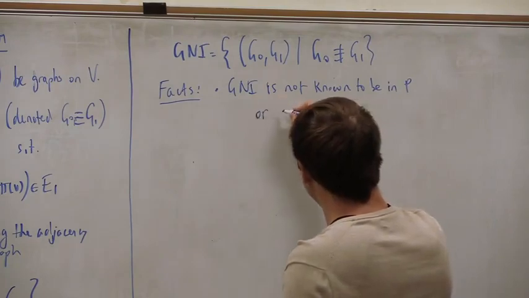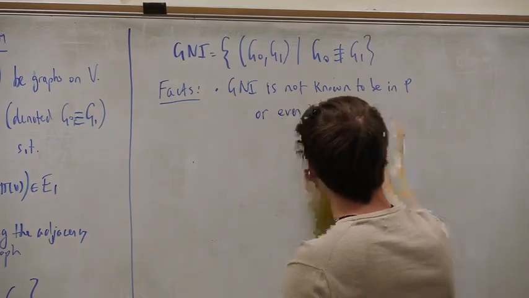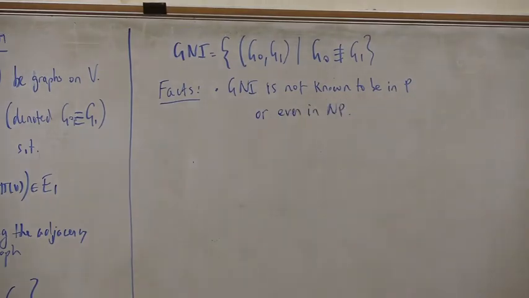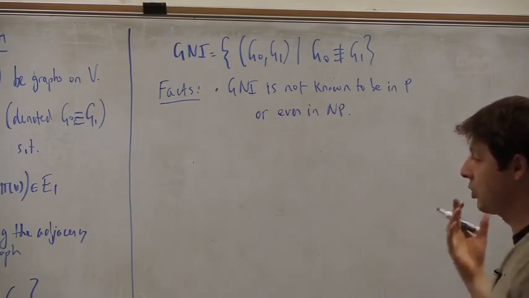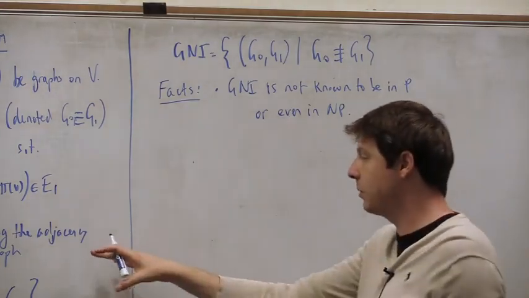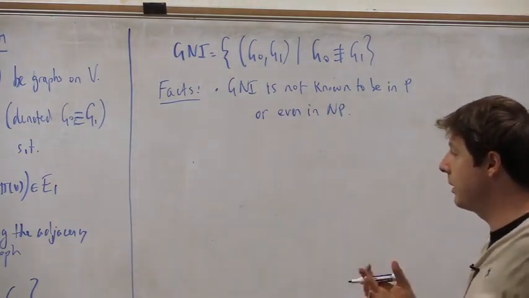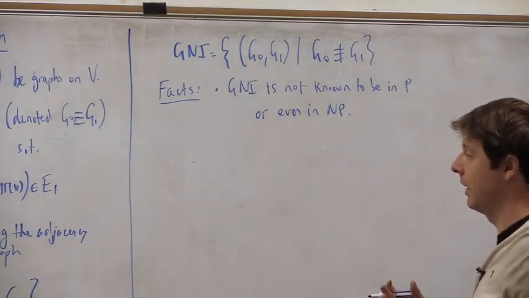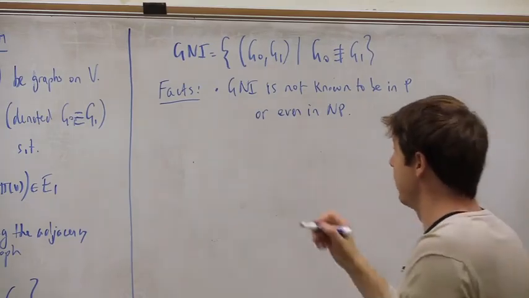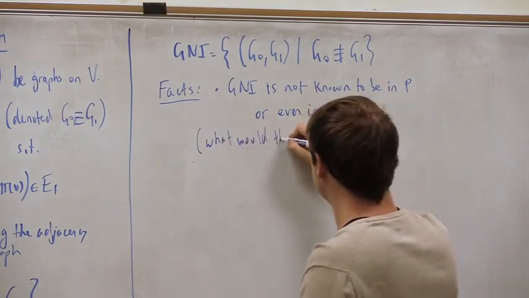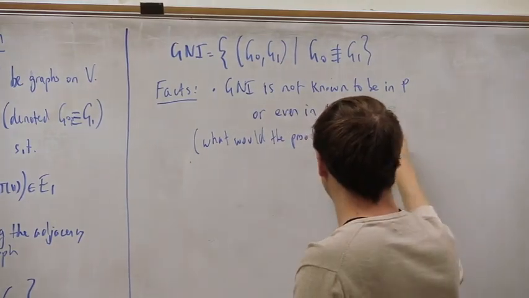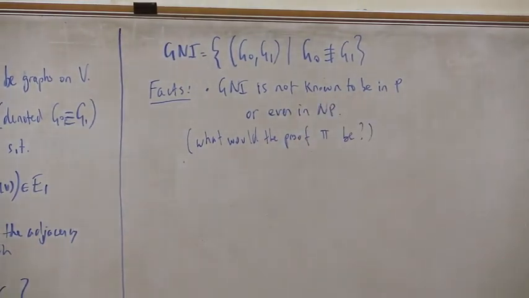Or even in NP. Because now it's not clear what I am going to do if you give me a witness to check that the two graphs are not isomorphic. To check that they're not isomorphic, it seems like I may have to check all possible isomorphisms, all possible permutations between the vertices, and rule out and establish that none of them is in fact an isomorphism between the two graphs. Because, again, what would the proof be? Okay, so GNI is not known to be in NP.